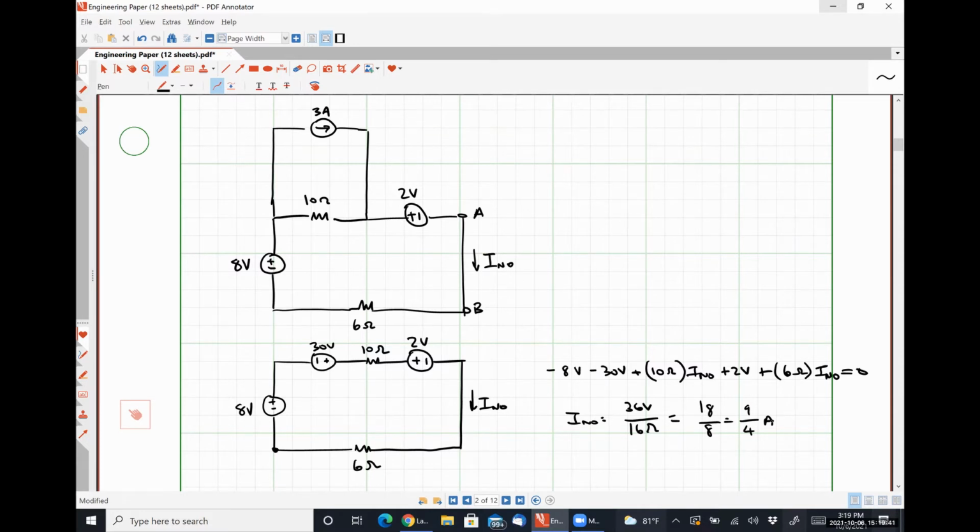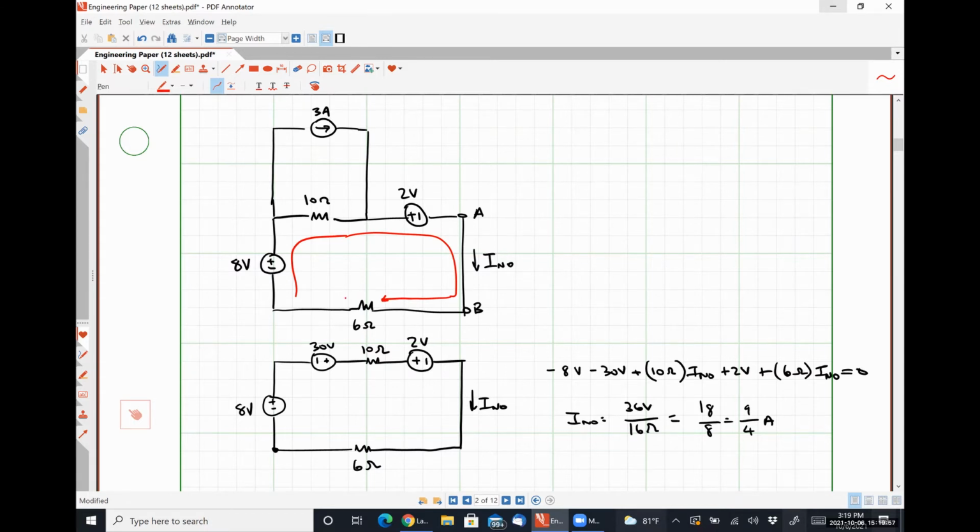Another way that we could approach this, it's roughly the same level of difficulty, would be to just write a Kirchhoff's voltage law equation around this loop, right?